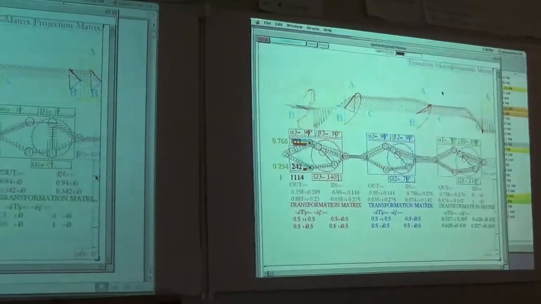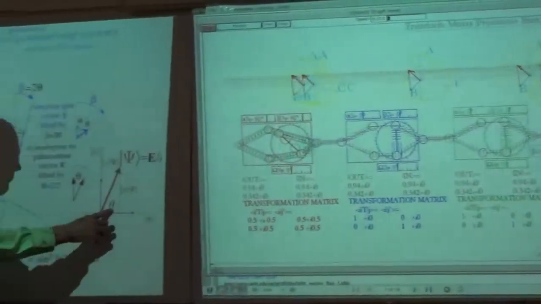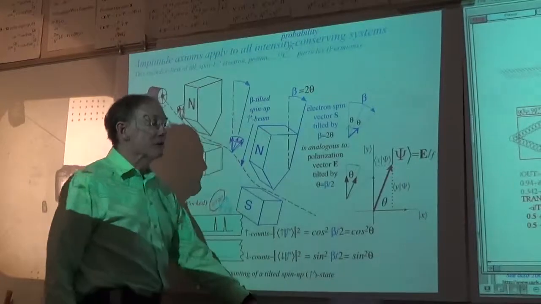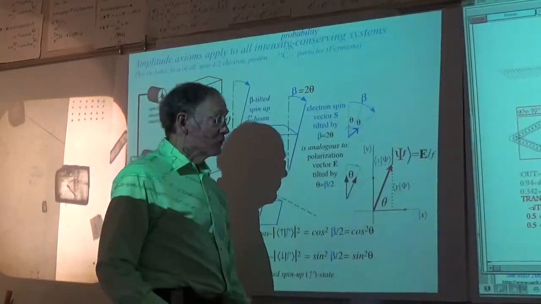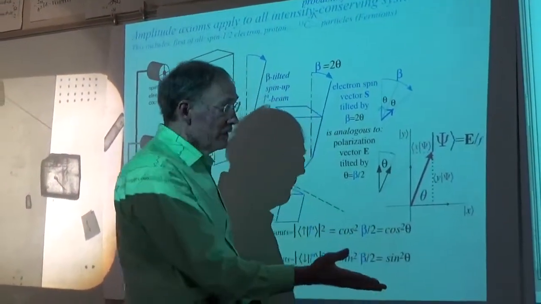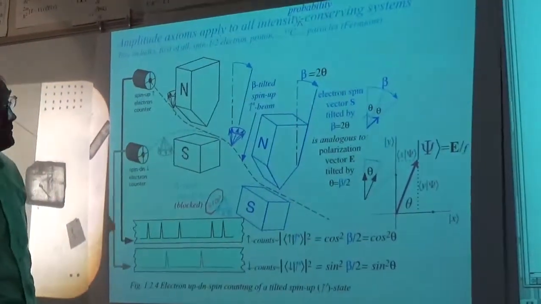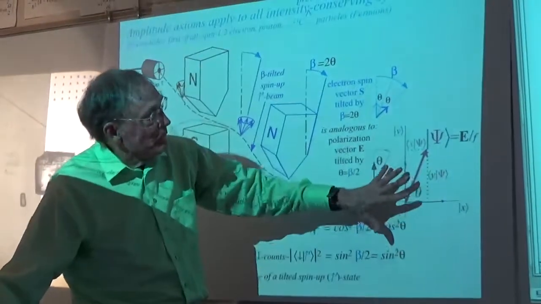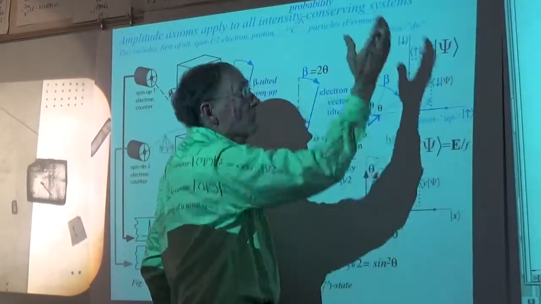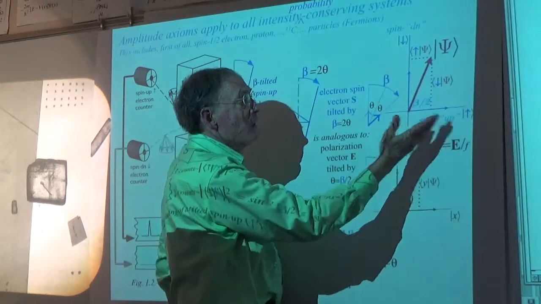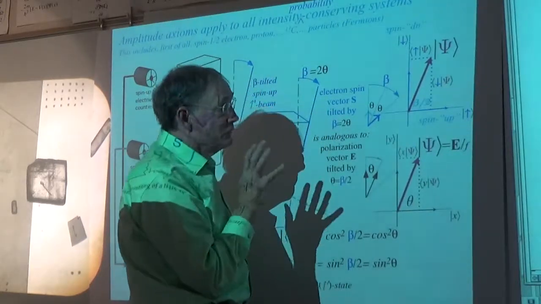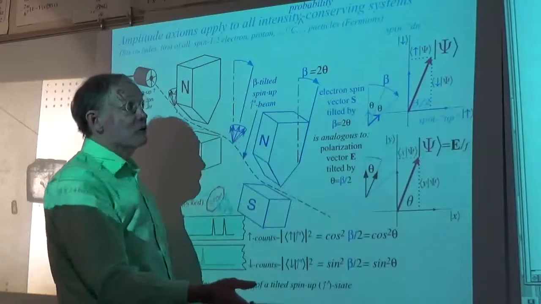So, if you're doing electron polarization and using the angle theta as your parameter of polarization, and this is the Y polarization and this is the X polarization component, then when it comes time to make the connection between what happened in that optical experiment and what happens in a spin up, spin down spinner system, where this angle theta is beta over 2, you should never forget that that's a big connection.